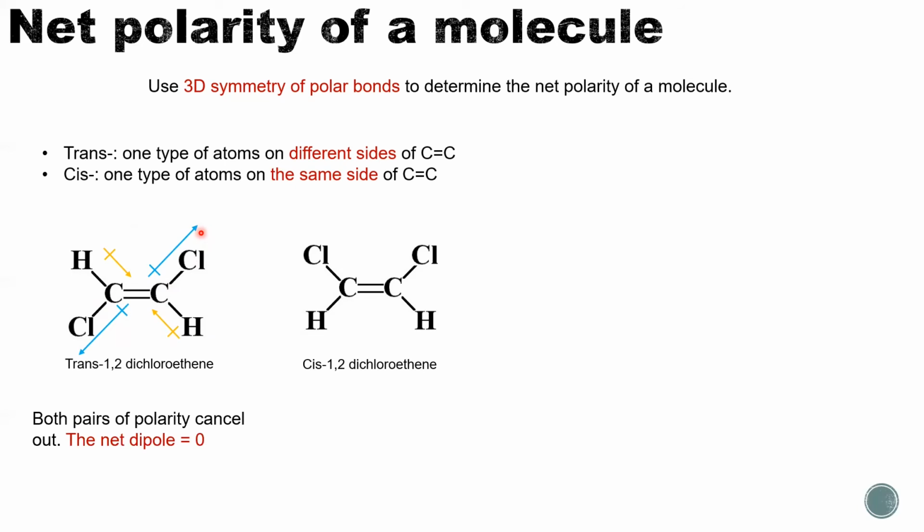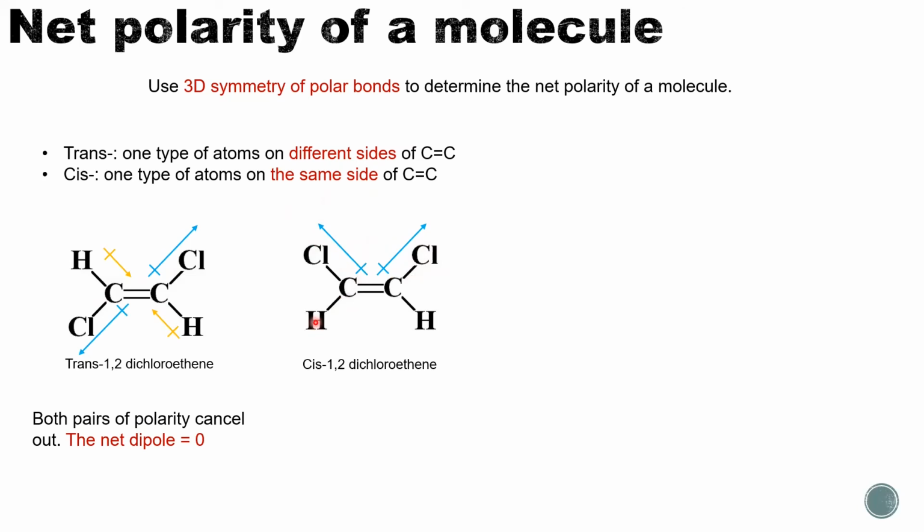However, if we look at the cis molecule, we draw a polar arrow for the CCl bond from carbon to chlorine on the left, and also on the right, carbon to chlorine. These two polar arrows cannot cancel out, so the overall effect of these two polar arrows is pointing up.